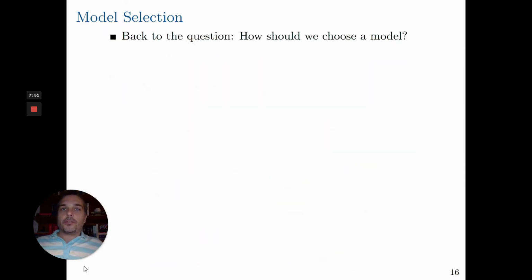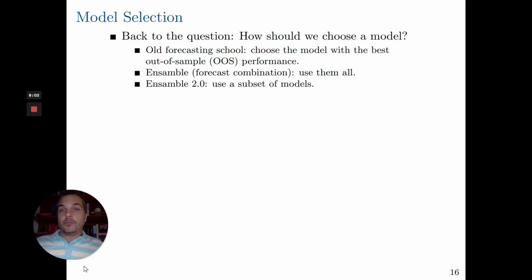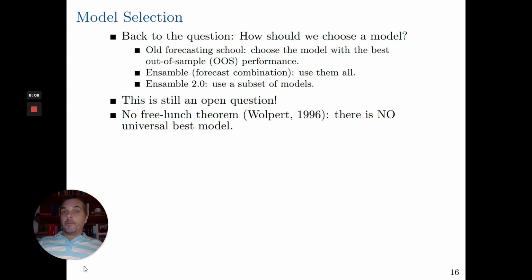So back to the question, how should we choose a model? If we are in the forecasting school, we can look at out-of-sample performance. We can look at a combination of models or a combination of a subset of models. But it's an open question, and there is no free lunch. There's no universal best model.